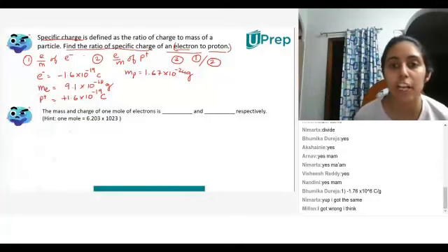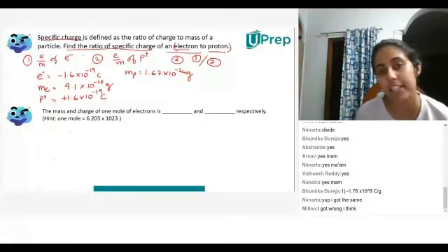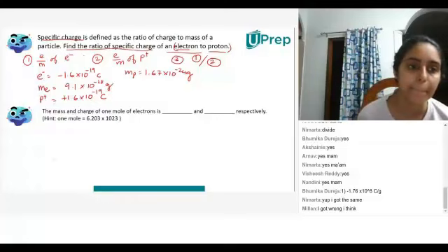The unit of charge is coulomb, and it is denoted by the letter C. And the unit of mass is grams. So E by M will be C by G, and you will say that as coulomb per gram. Okay? Okay, ma'am, thank you. No problem.